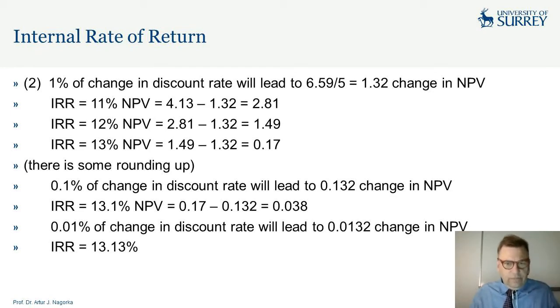To jump a bit faster and round up, we multiply 0.0132 by 3 and arrive at almost 0.038 euro. Therefore, we add 3 to the internal rate of return, which is now 13.13. Wow, this was an effort.